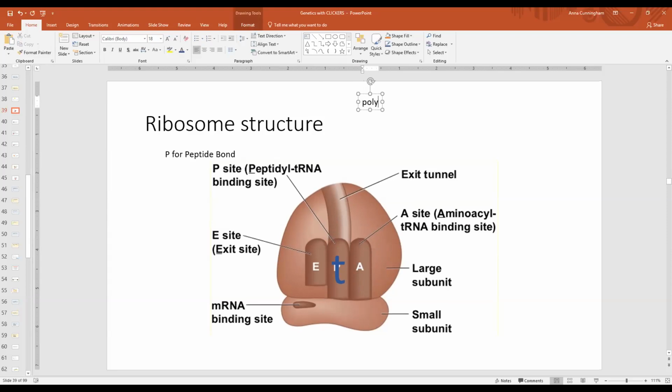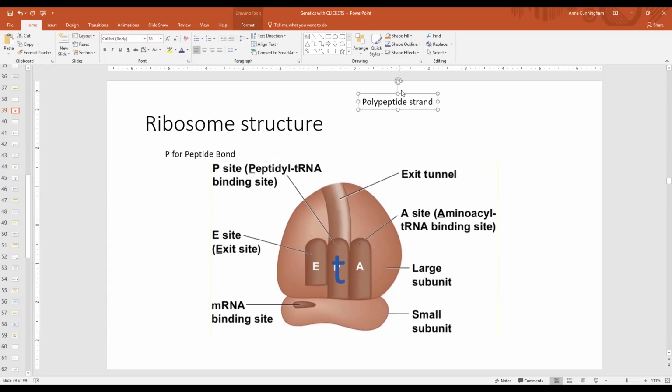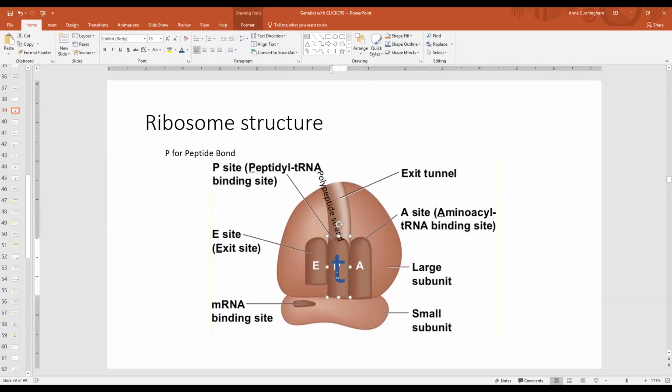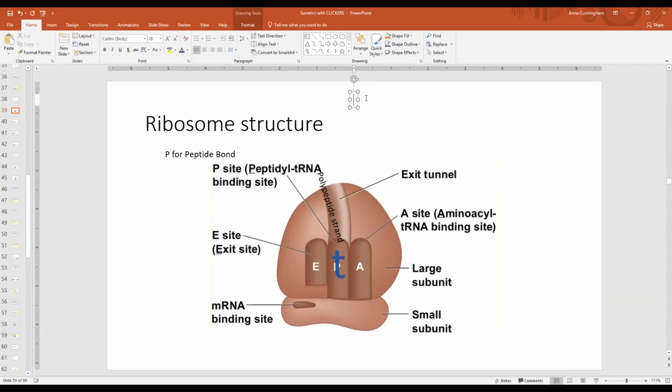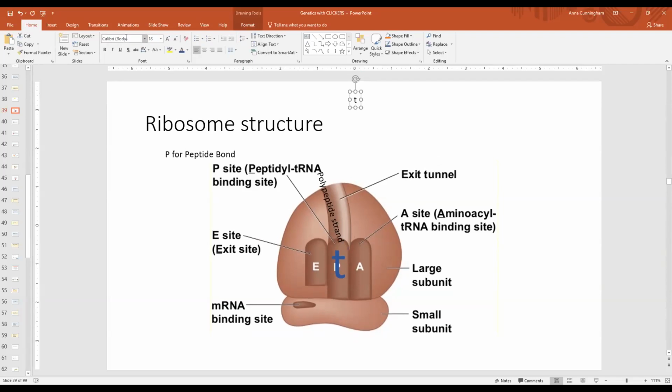It kind of looks like that, right? Kind of coming off that T. All right. Because this shifted over, you would have room for your next tRNA.